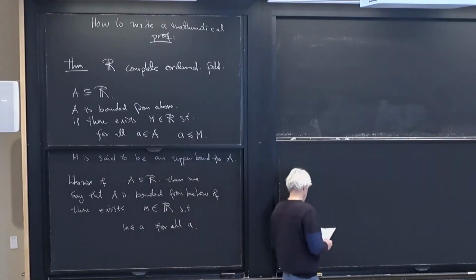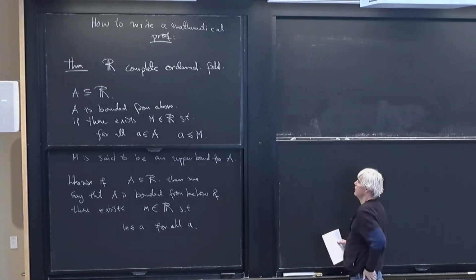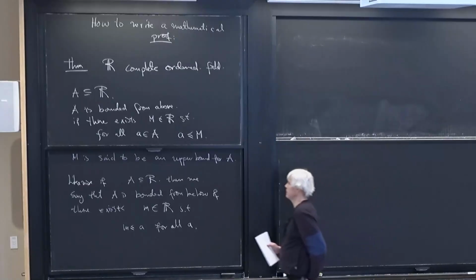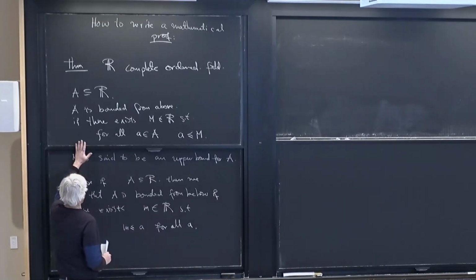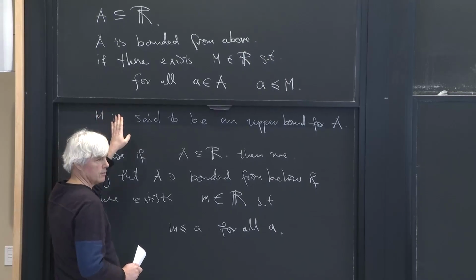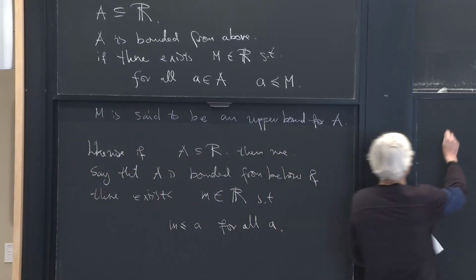Let me try to give you some examples. I tried to do that on Piazza, but because several people were asking about it, let me say again: this capital M does not need to be in the set, right? A is bounded, so here's an example.